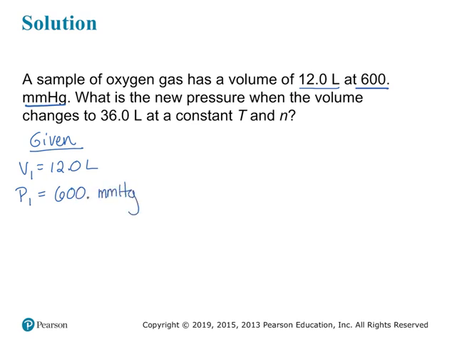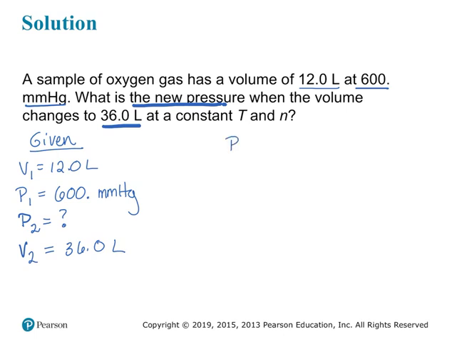So that decimal is going to tell us how many sig figs we have. And then we're trying to figure out what the new pressure is when the volume changes to 36 liters. Okay, so that tells us we don't know what the new pressure is, but V2, our new volume, is 36 liters.